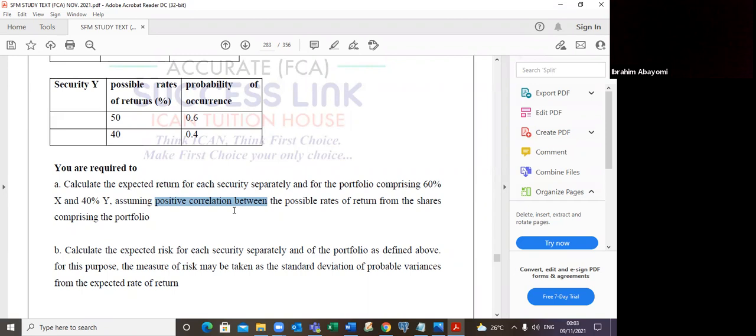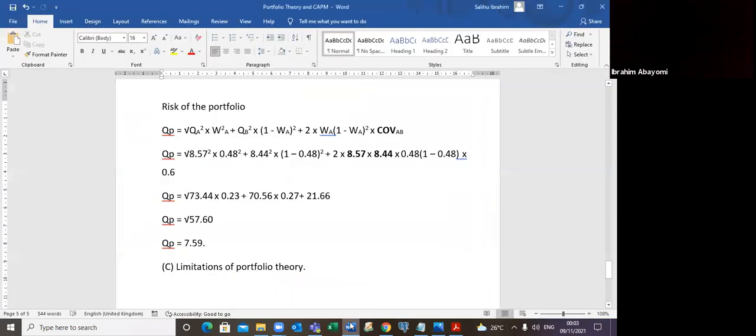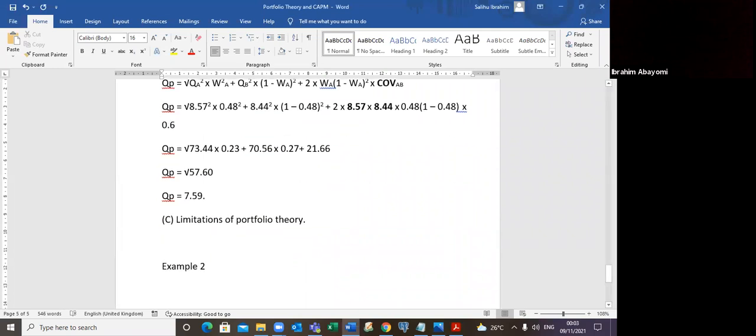Now, if I want to compute the return on this portfolio, let me do this. Example 2. I'm still going to start with the one we have done, because I'm still going to need it.